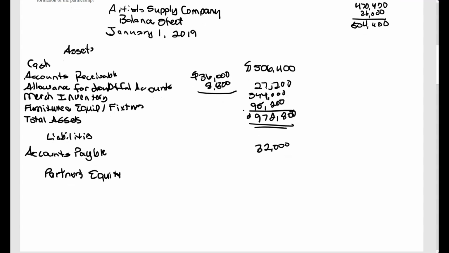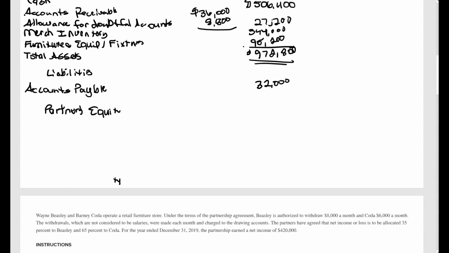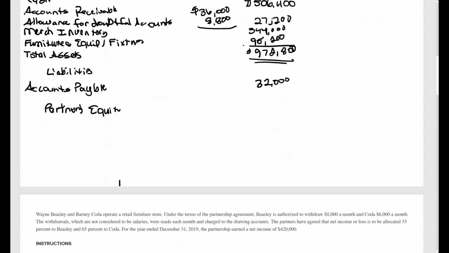And I'm going to have to move it up a little bit, and then I'll bring it back down for the end. Okay, so partner's equity. Edmund Veal Capital, $470,400. And then don't forget Sarah Cobb Capital also.